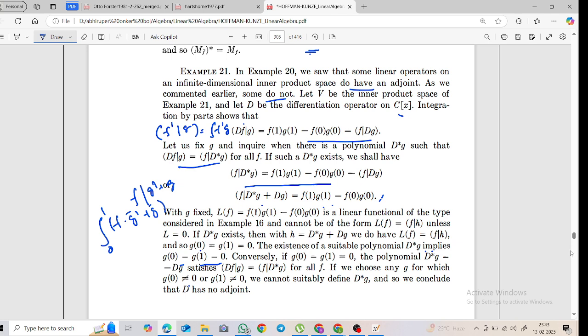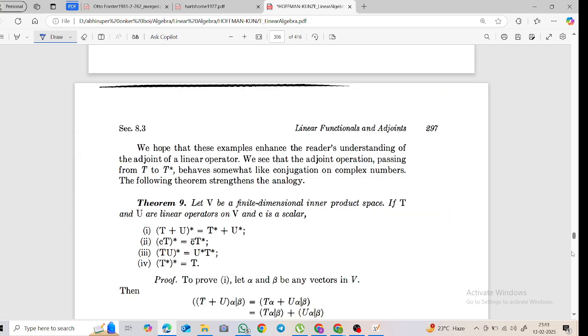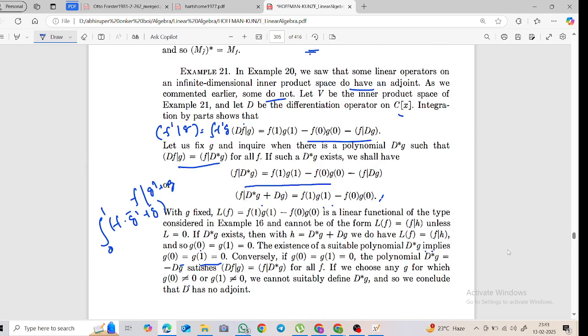So what happens is of the form this unless L equals 0. Achha.